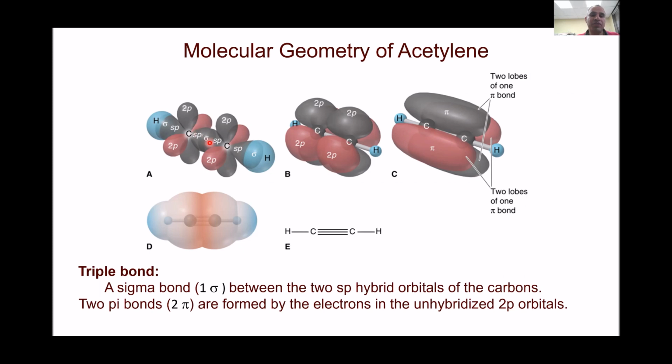The sp hybrids will get involved in sigma bonding between the carbon atoms and between the carbon and hydrogen atoms, which will cause the whole molecule to be linear. And the unhybridized p orbitals will have side-by-side overlap with each other, which will make two pi bonds in the molecule that in total will make the bond between the carbon atoms a total of 3: one sigma bond between the sp hybrids and each other, and two pi bonds between the unhybridized p orbitals and each other.